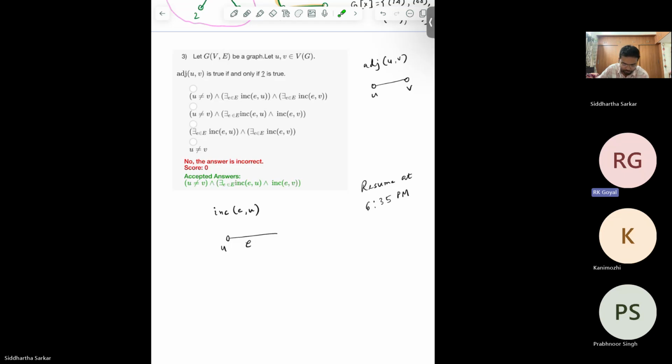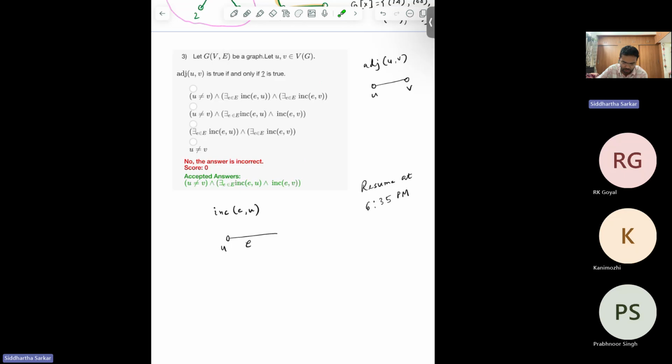And the third one also suffers from the same problem, that the e could be different in both the formulas. And the last one does not guarantee connectivity actually. Yes, so you got it right. In fact, you have deciphered all the options.